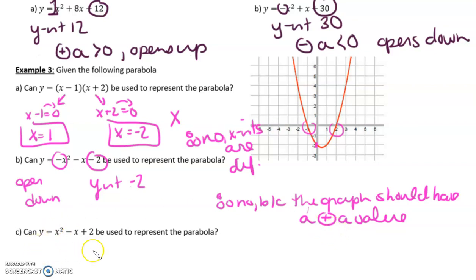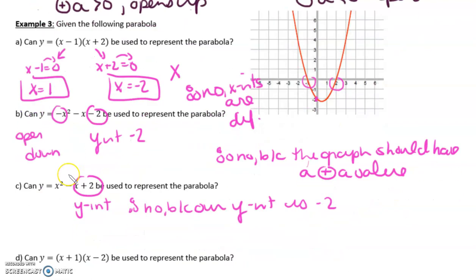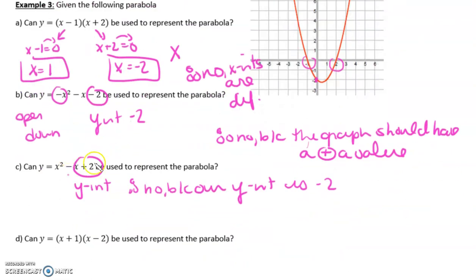Okay, next one. Can this be used to represent the parabola? So this is our y-intercept, but our y-intercept is not 2. So we can say no, because our y-intercept is -2, right, on the graph. And then last one. Again, this is in factored form.